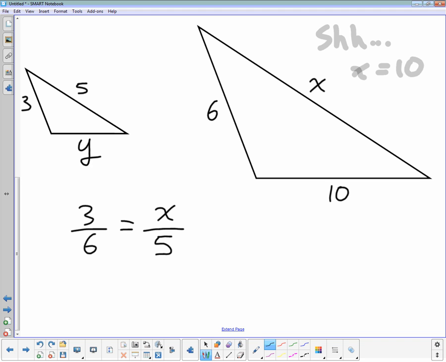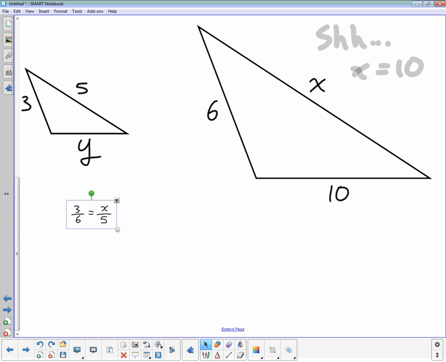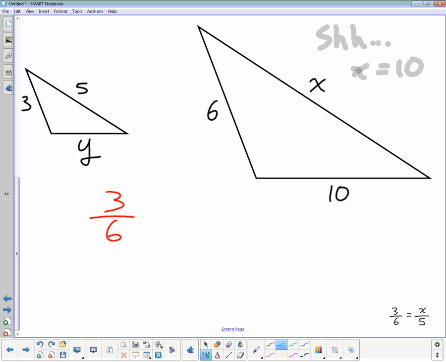Okay? Here's how it goes. If I went 3/6, I'm going from left to right. So if I'm choosing to go left over right, then I have to keep that pattern. Whatever pattern you choose, you have to stick with it.